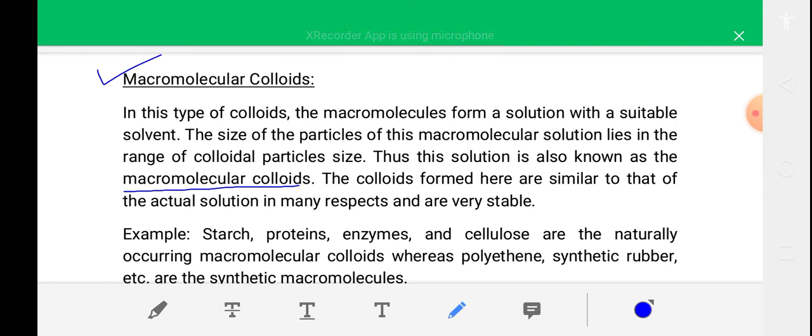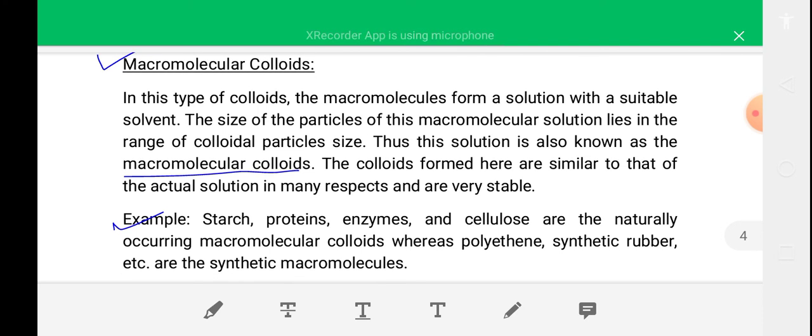The colloids formed are similar to actual solutions in many respects and very stable. Examples: starch, enzyme, protein and cellulose are naturally occurring macromolecular colloids, while polythene and synthetic rubber are synthetic macromolecules.